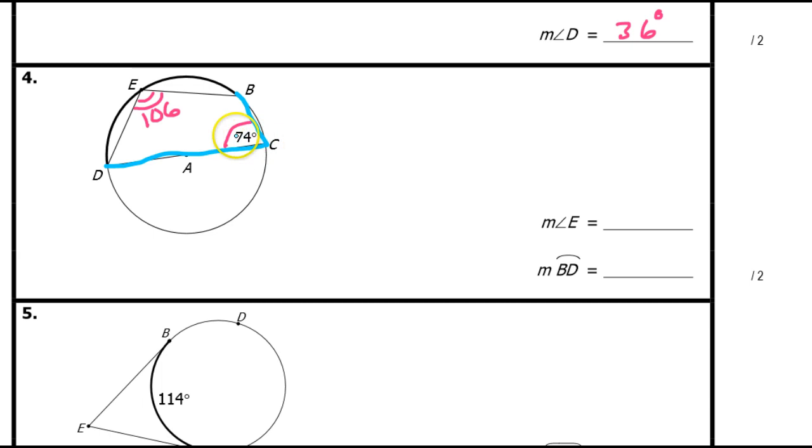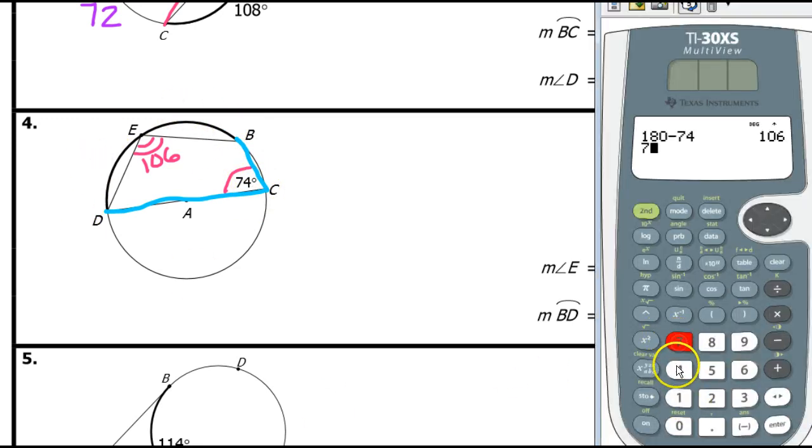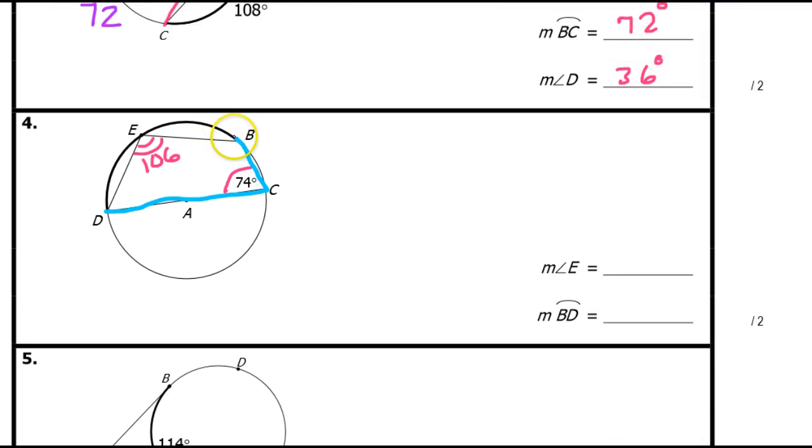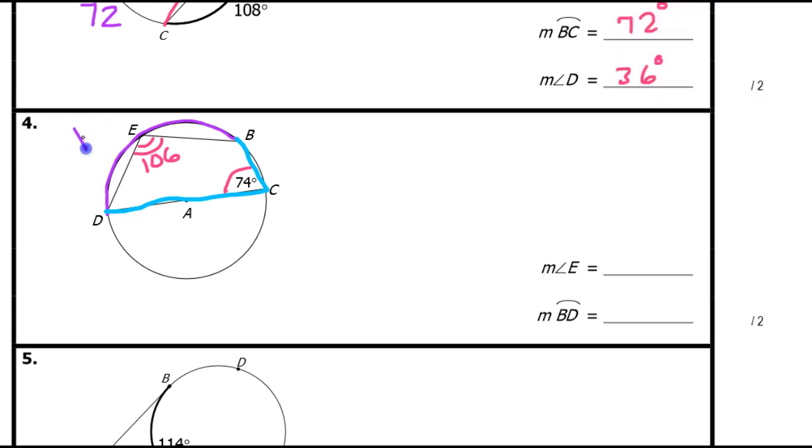Angle C, the 74 degrees, that's vertex on the circle. So the angle is half of this arc. The arc is double the angle. So if I take this 74 and I double it, that's 148. That tells me that this arc, DEB, is 148. All right, so this arc is 148 degrees up there.